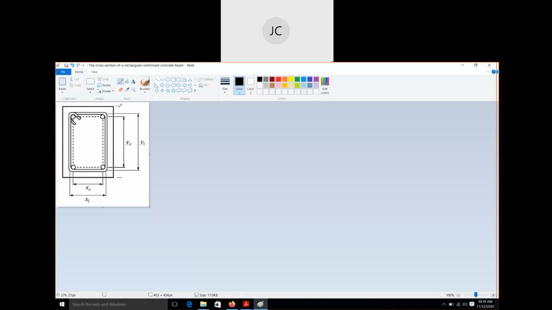This is our total depth, capital D. Okay, this is our total depth. Our total depth is this much. This is our capital D.